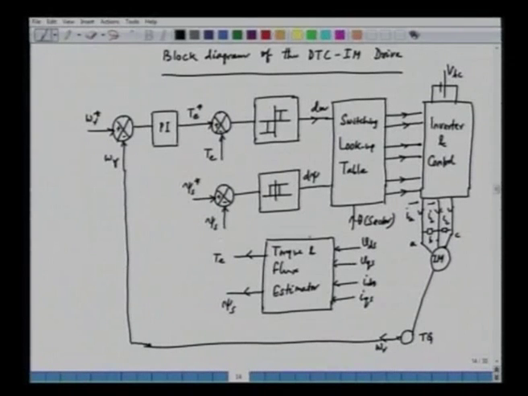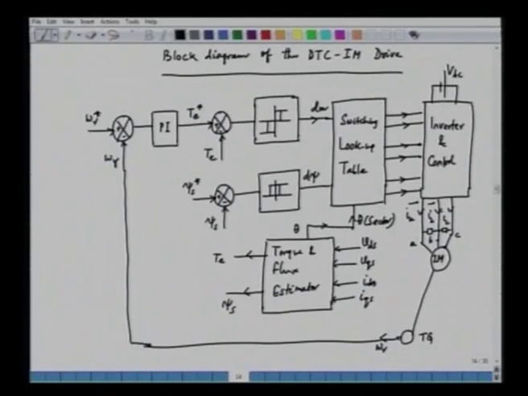And out of this also we can obtain the information about theta, and the theta information can be used to find out the sector. Now, we can have a mathematical expression for this torque and flux estimator. We can write down a few equations which will tell us how do we estimate the flux and the torque of an induction machine.